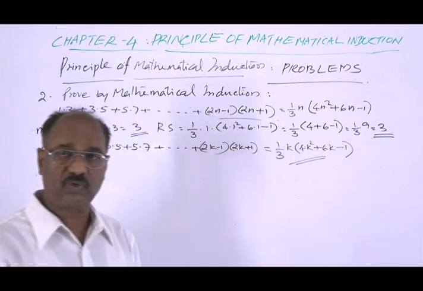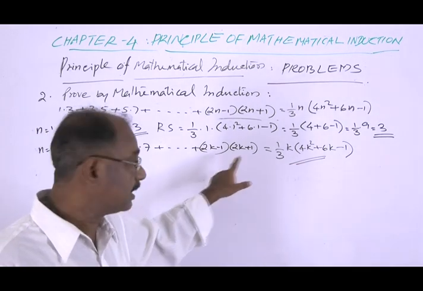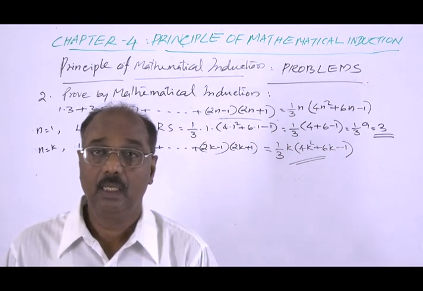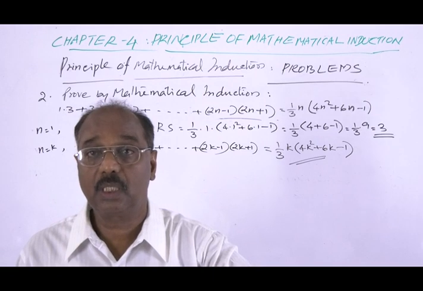The result is true for n equal to k and therefore can be expressed in the same form. And now we prove the result is true for n equal to k plus 1 also.